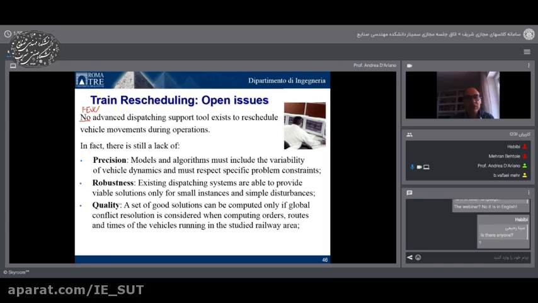The only way is through a global conflict detection and resolution. And this word global means that when you take an action, you need to see the consequences of this action. And the alternative graph formulation is a way to see that. When we introduce a decision, for example, an alternative arc, we generate a new graph, and inside this new graph there will be a number of operations that will be involved in this change in the graph.